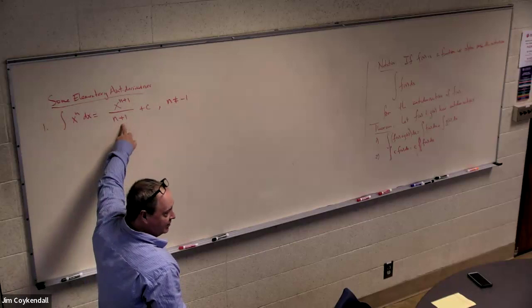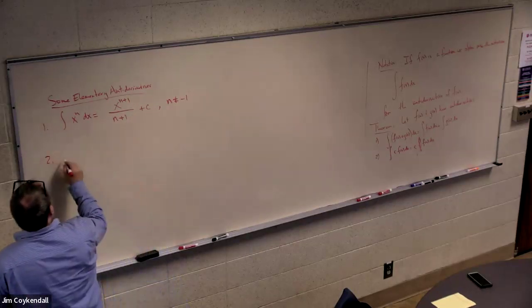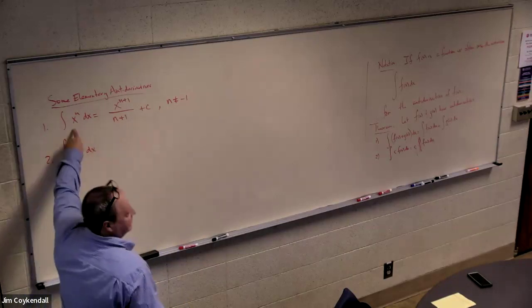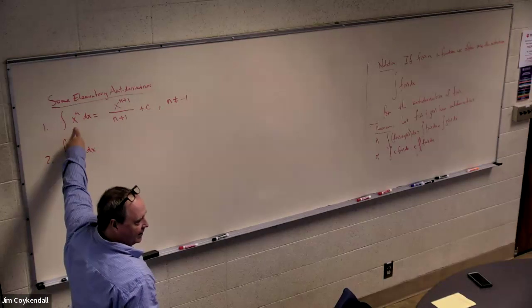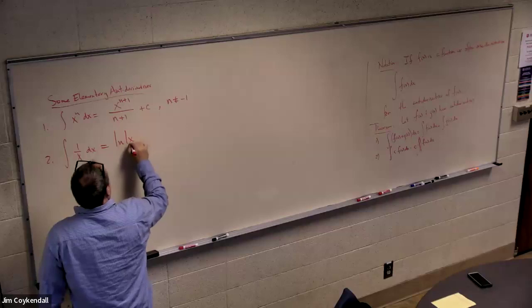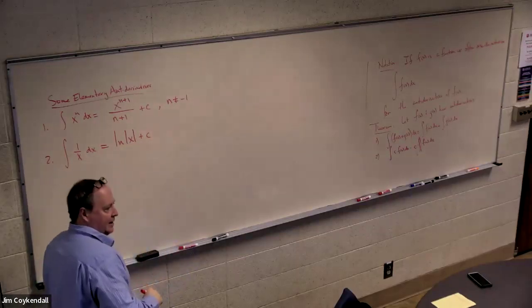You see, that's going to be a problem. What if n equals negative 1? What if you have x to the minus 1 power? Well, lucky for us, the natural log of x plugs that in.